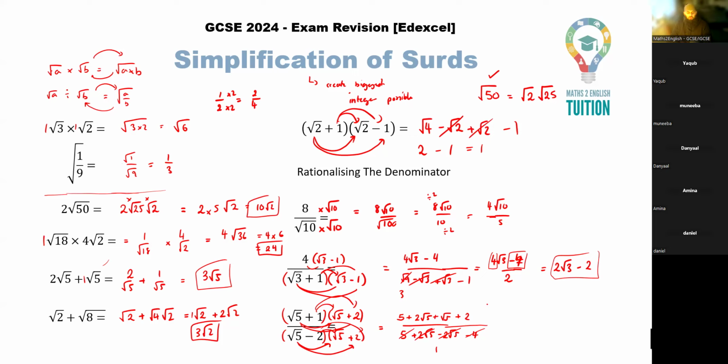Because anything divided by 1 is the same, I'm going to leave it as that. So I'm going to add like terms. 2 and 5 go together, that gives us 7. Plus 2 square root 5 and square root 5 gives me 3 square root 5. And that's our answer. This is the hardest it gets when it comes to surds.